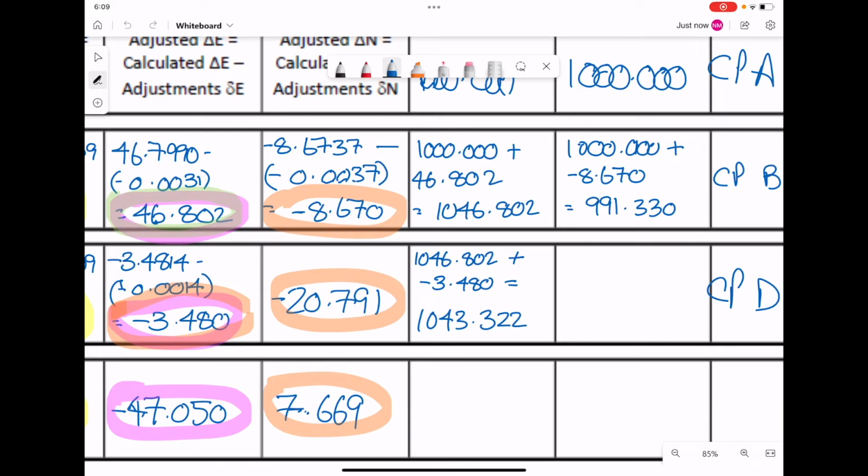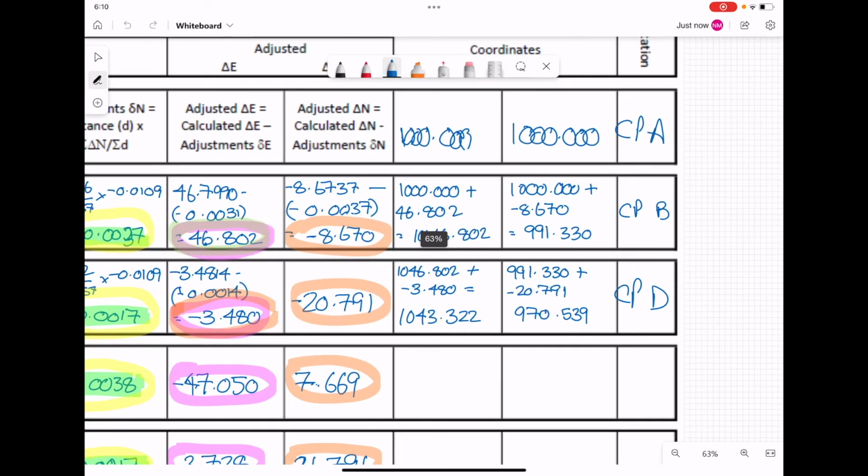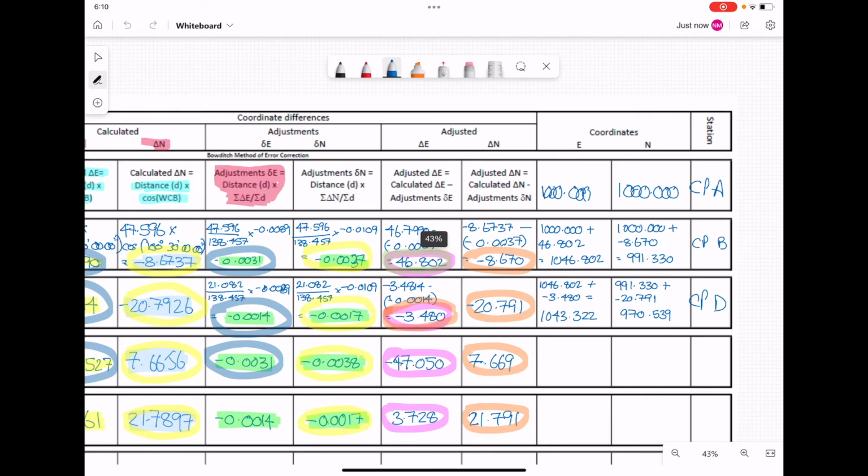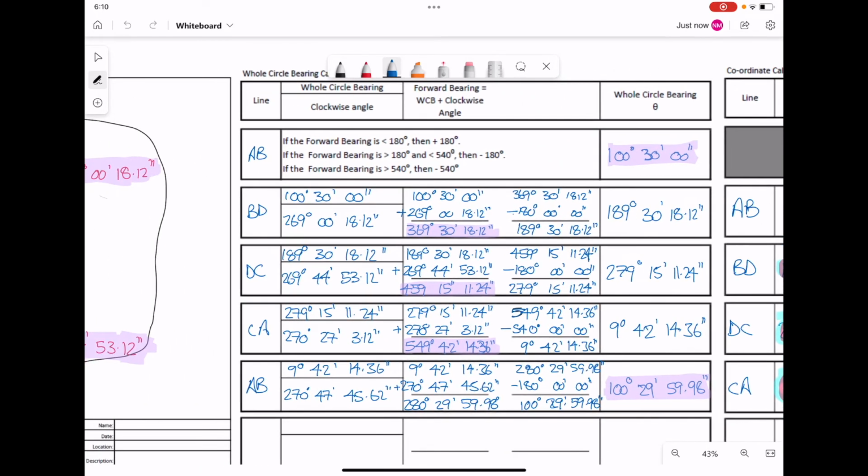Similarly, for the northing, the previous northing is 991.330, and we will add on the adjusted partial northing in this row. That will be a value of minus 20.791 to give us a coordinate value of 970.539.